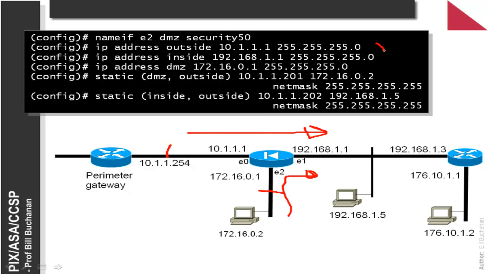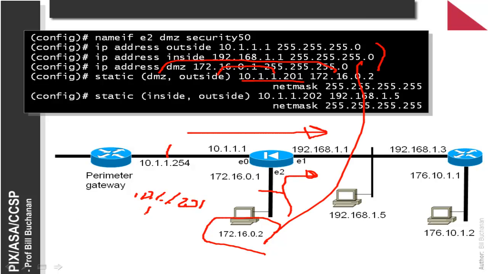So in this case we define our IP addresses. Next we say, and we read it like this, that the outside node will be seen as 10.1.1.201, and the inside node in the DMZ is 172.16.2.